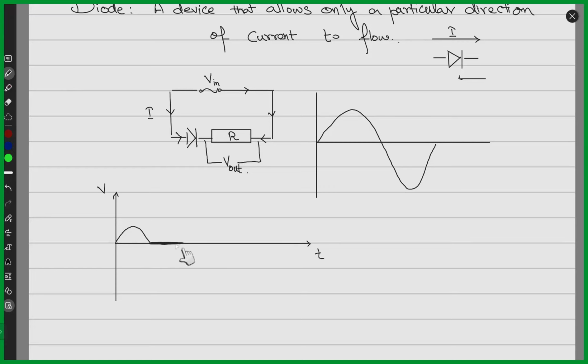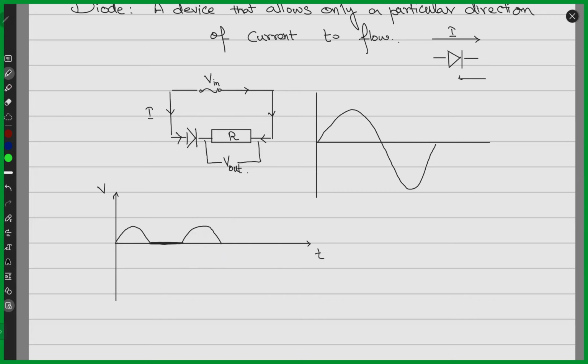And then again the current changes its direction, and it starts flowing again in the way which is this one. Because now the current is flowing through the resistor, causing a potential drop V out, and so we see that potential drop like this.